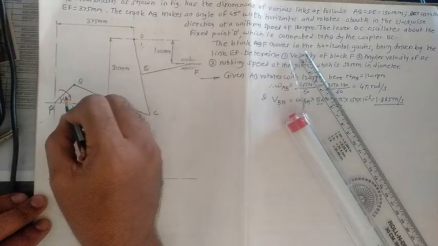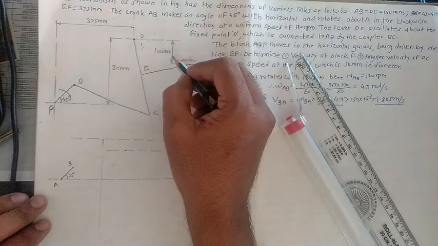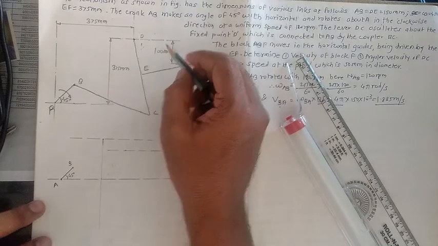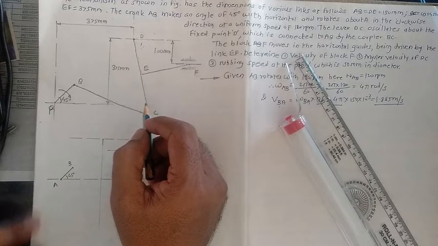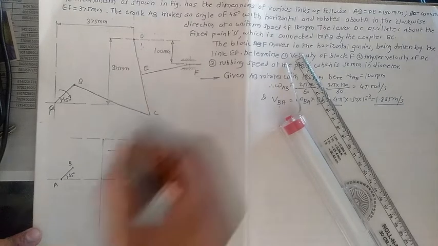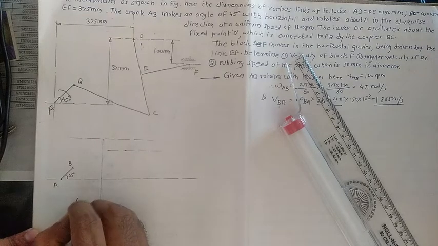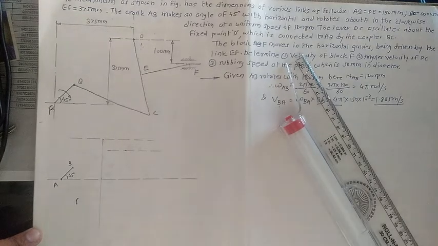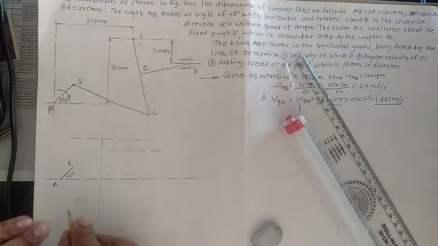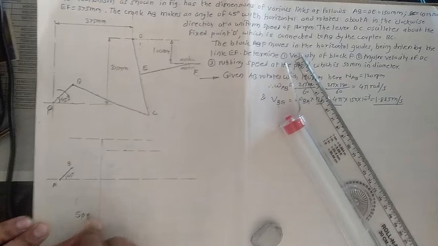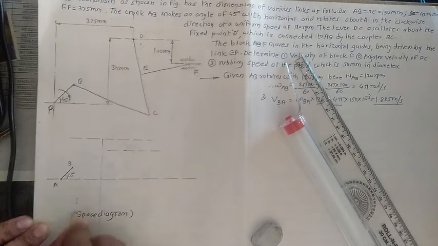Now see the length of every link. 150 mm is the shortest, and BC is the largest one. So you can easily choose the scale. At the bottom of the configuration diagram, or space diagram, write the scale.